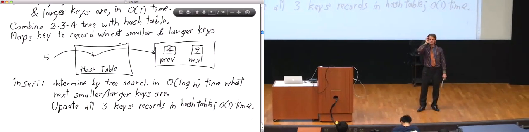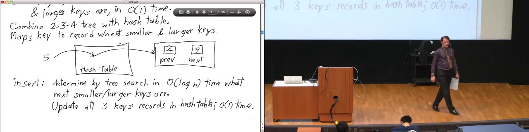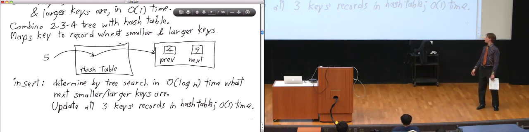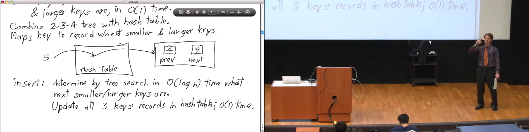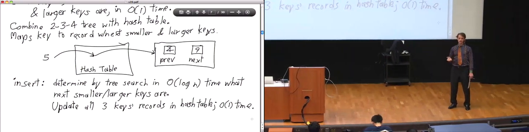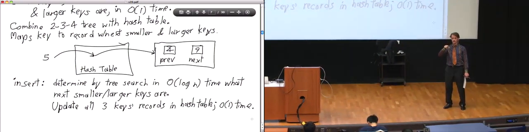Yeah. So storing a reference to the actual node would not make insert or remove faster because you still actually have to go all the way down the 2, 3, 4 tree to do the insert and the remove. There's no way around doing the insert and remove algorithms that we taught for 2, 3, 4 trees.